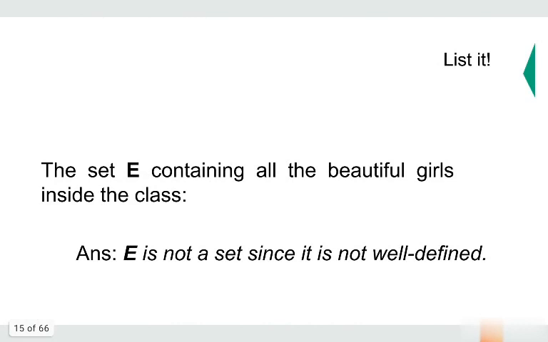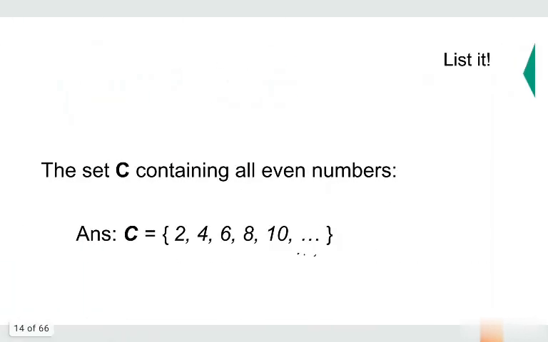Set E containing all the beautiful girls inside the class or in this particular class. Lumabas na yung well-defined. Why is it not well-defined? Why can't we list all the beautiful girls in my class? Why are these sets well defined?